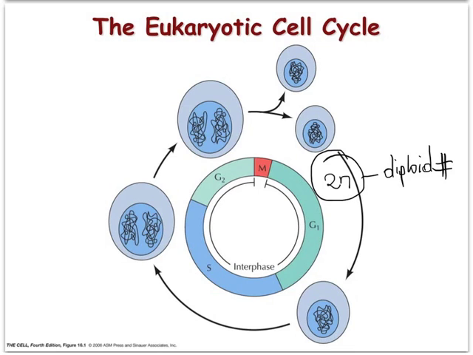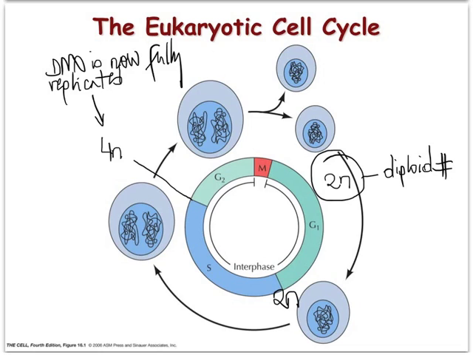At the beginning of the S phase, the 2n number will start increasing because the DNA will start being replicated, and it will continue to increase until it achieves a final number of 4n at the end of the S phase. And the 4n chromosomal number implies that the DNA is now fully replicated.